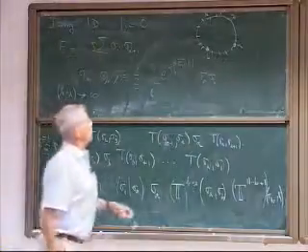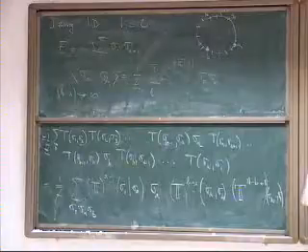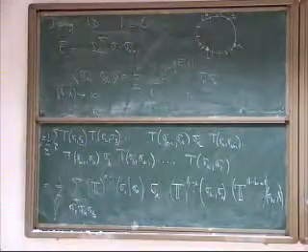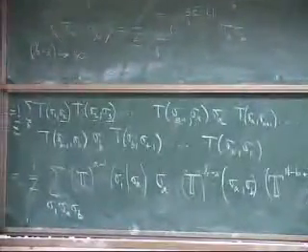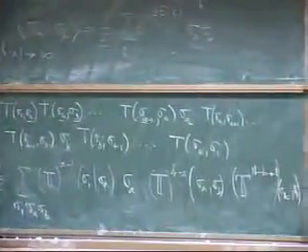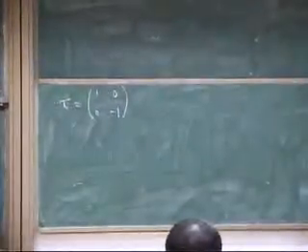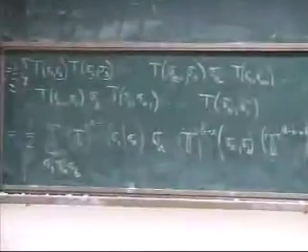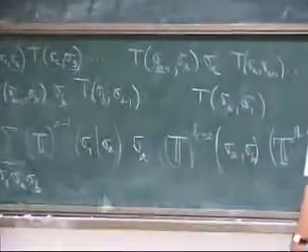So I will introduce a matrix, tau, which is equal to 1, minus 1. This matrix is sigma A. Sigma A equal plus 1, this is the element. Sigma A equal minus 1, this is the element.